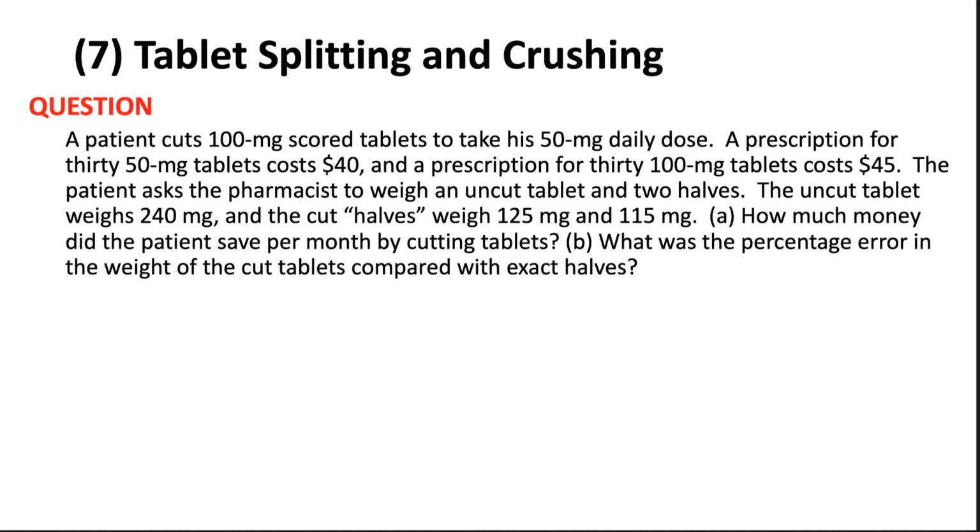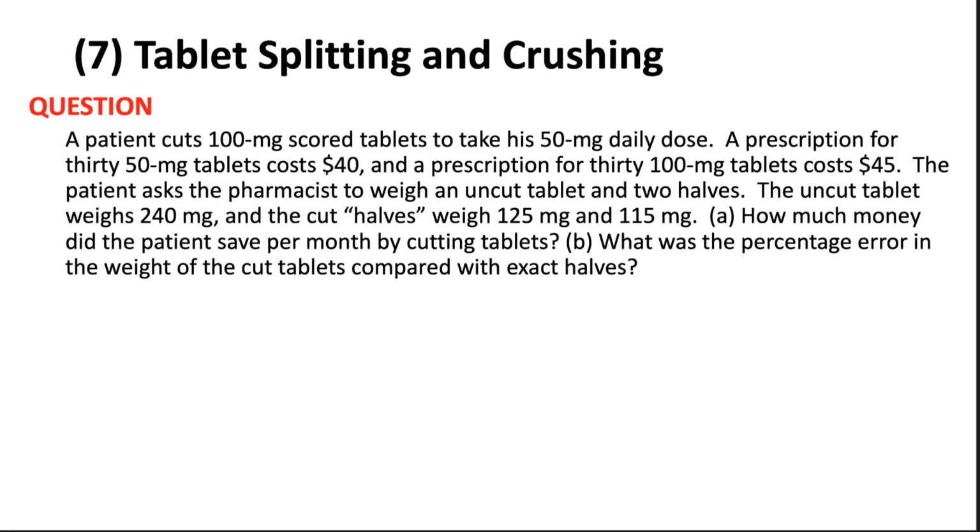At the same time, the question is, how much money can be saved, and is it really safe to do this? So let's start with how much money we could save by doing this tablet cutting. It says, a patient cuts a 100 milligram scored tablet to take his 50 milligram daily dose. A prescription for 30 50 milligram tablets costs $40, and a prescription for 30 100 milligram tablets costs $45.